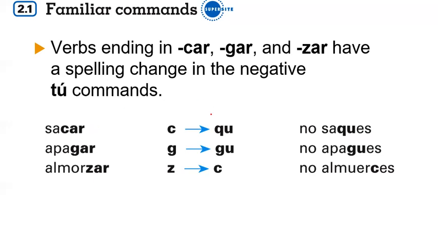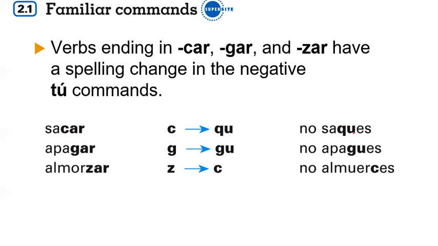If you look at the pattern, any car verb turns the C into QU, and for sacar it becomes no saques, S-A-Q-U-E-S. If you didn't know the rules, you would think this would be spelled with a C, but it is not.